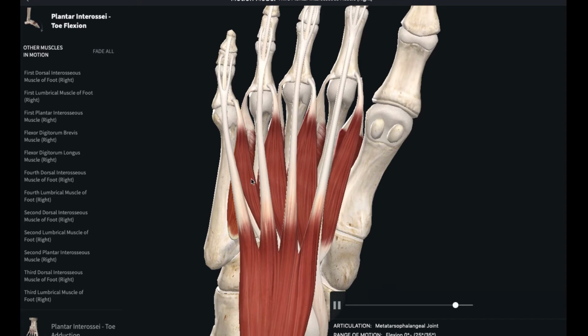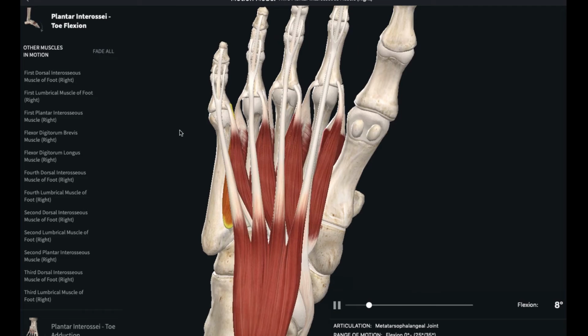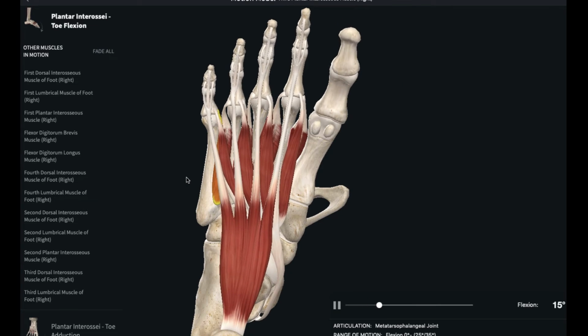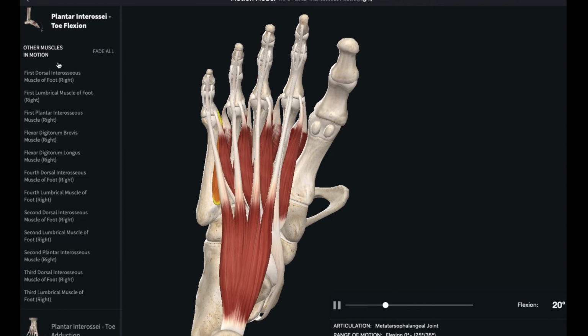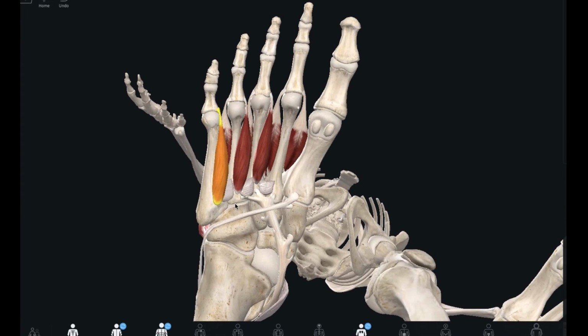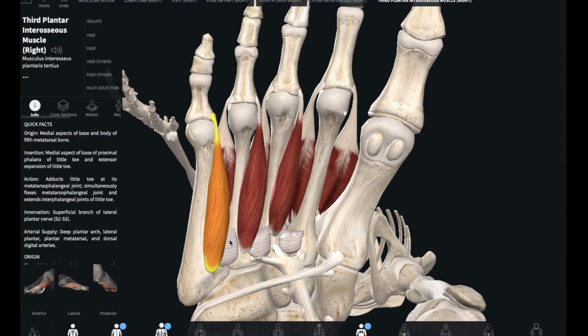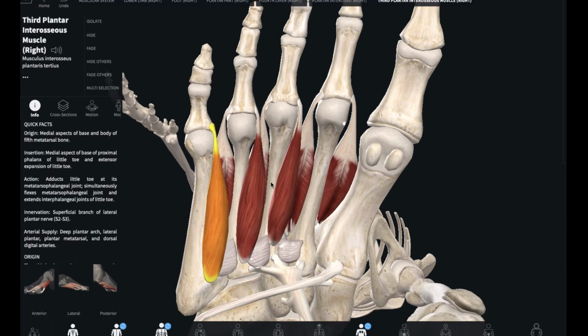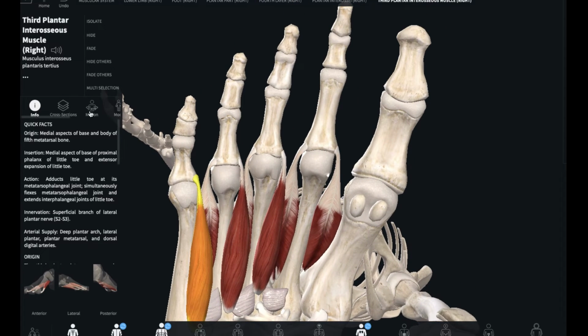What I noticed, now according to my cards here, plantar interossei do toe flexion at the metatarsophalangeal joint. So right here, it's flexing at the metatarsophalangeal joint, but then it extends. So let's see.